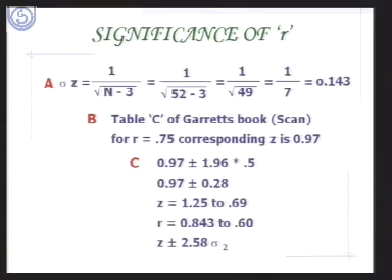So we calculate 0.97 plus minus 1.96 into sigma Z. From this we have calculated that Z will vary from 1.25 to 0.69. Then we calculate the corresponding value of R, which comes from 0.843 to 0.60.